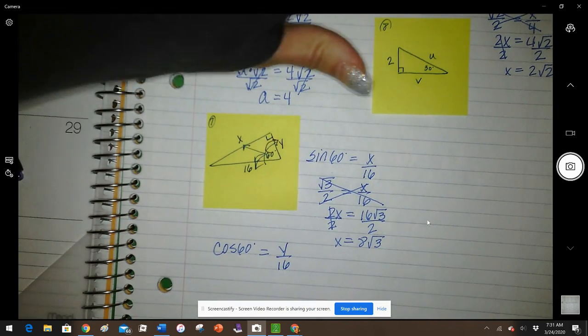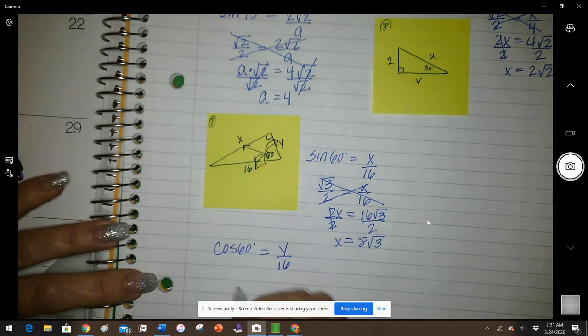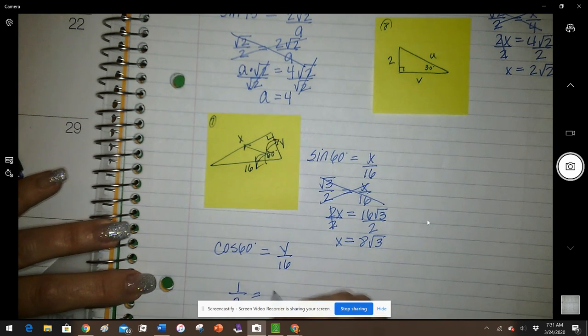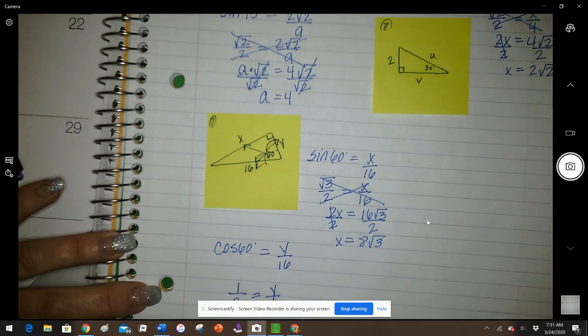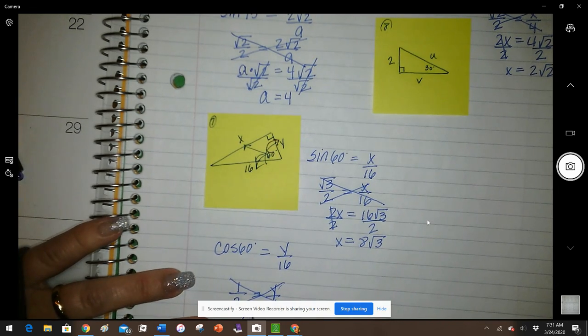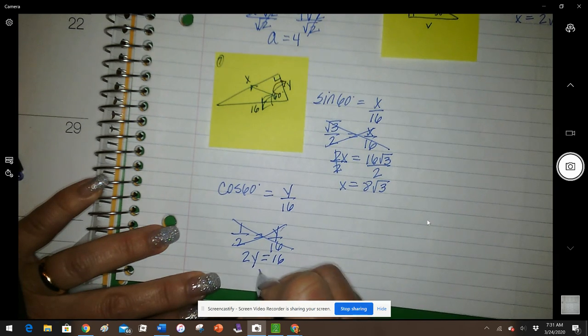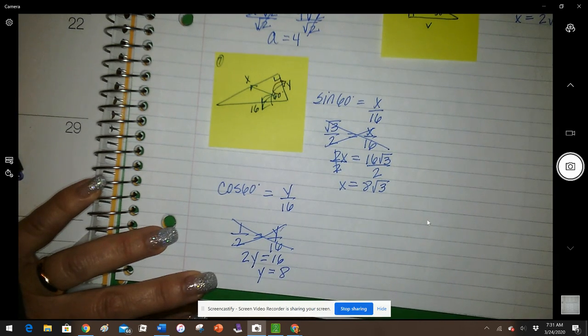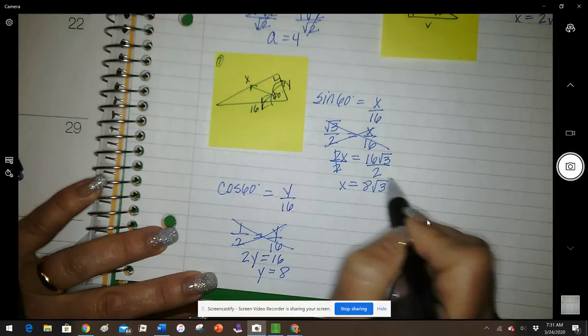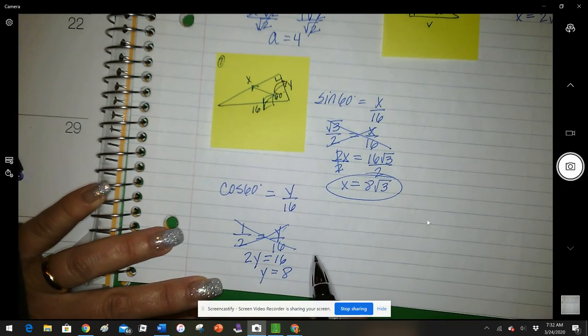Using my chart, the cosine of 60 degrees is 1/2. Do some cross multiplying. Whoops, I'm off the chart, guys. 2y equals 16, so y equals 8. So number 7, x is 8 root 3, y is 8.